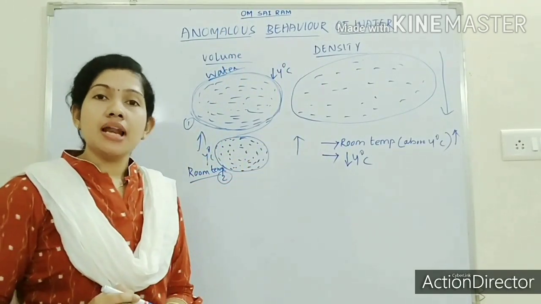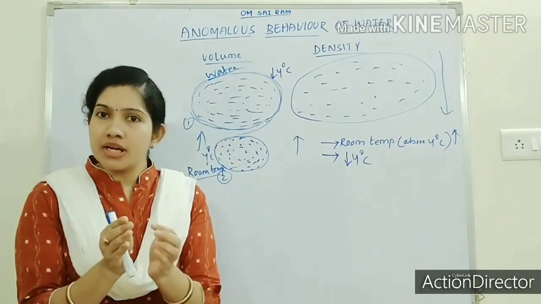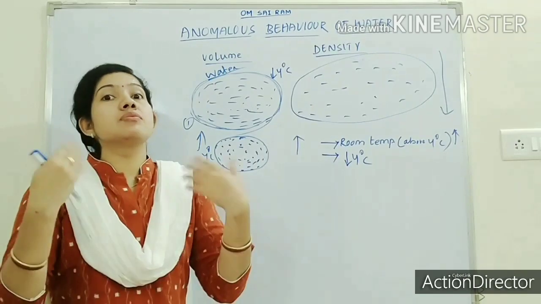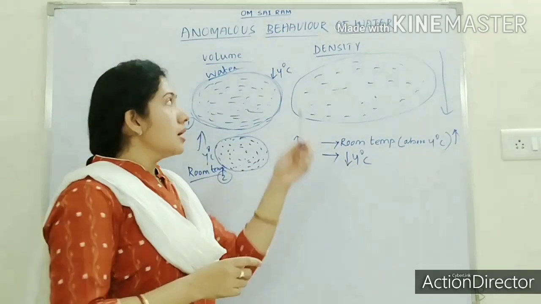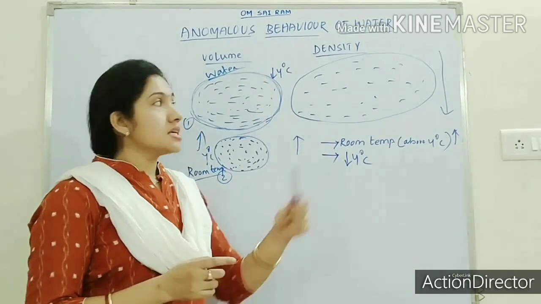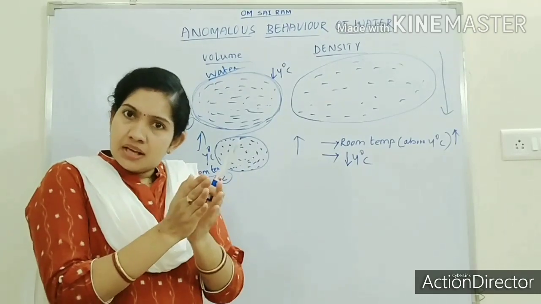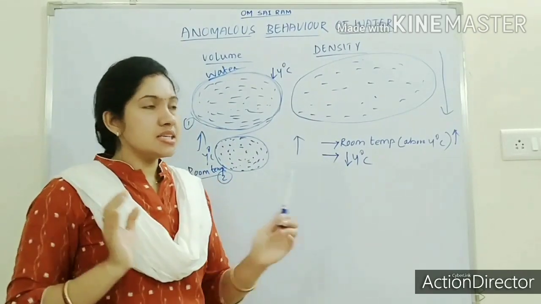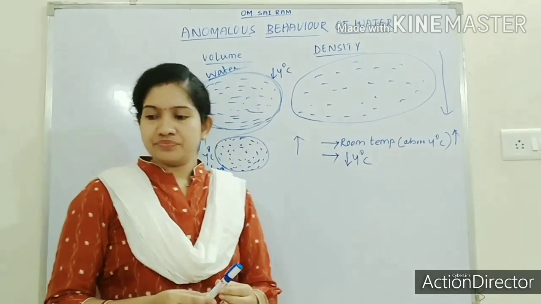So when we allow water to cool at room temperature, its volume will decrease and density will increase. But when we allow this water to cool below 4 degrees Celsius, its volume will increase a little bit from normal.